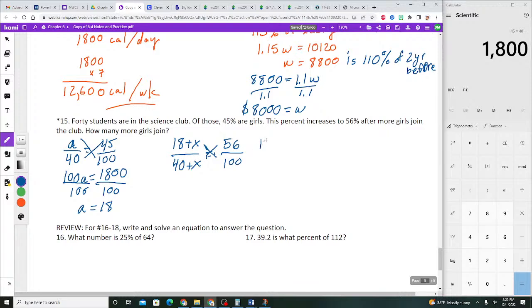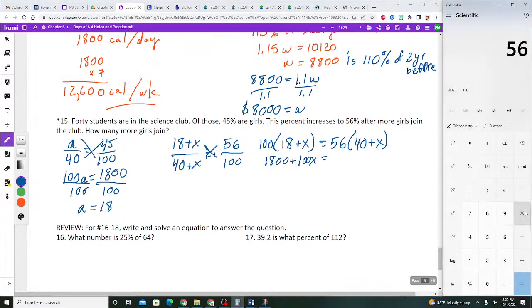So we're doing 100 times 18 plus x equals 56 times 40 plus x. So that's 1,800 plus 100x equals, and then 56 times 40 is 2,240 plus 56x.